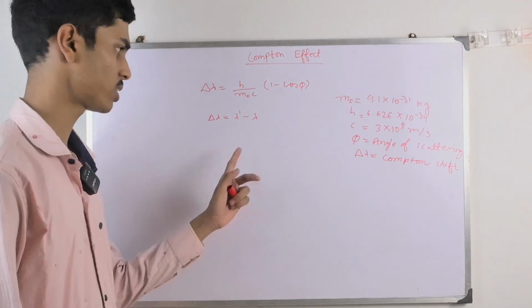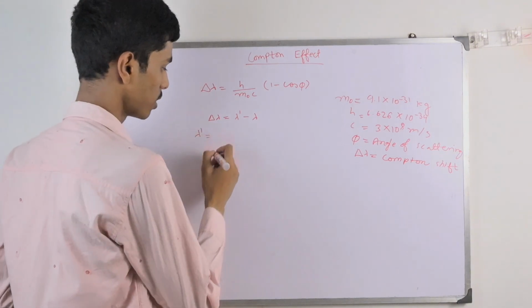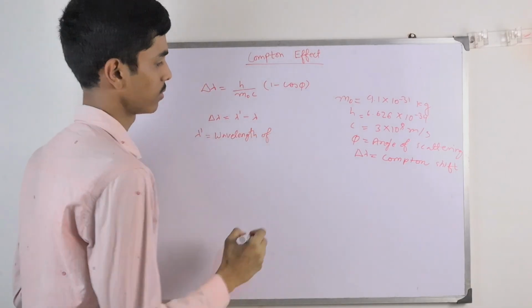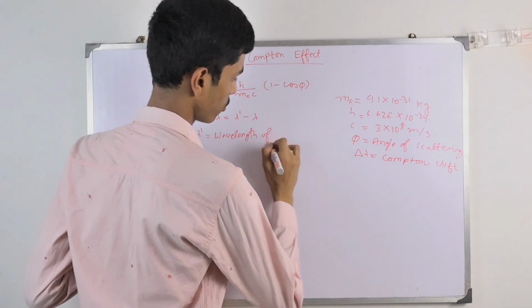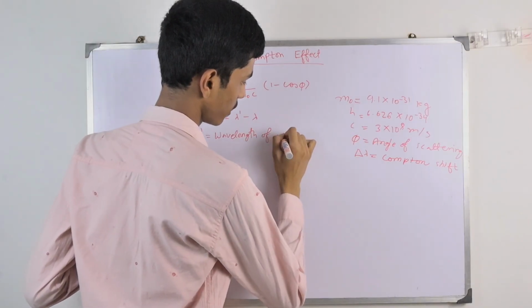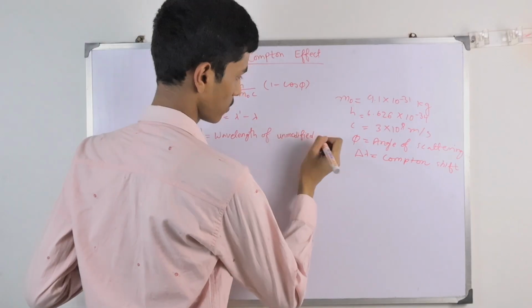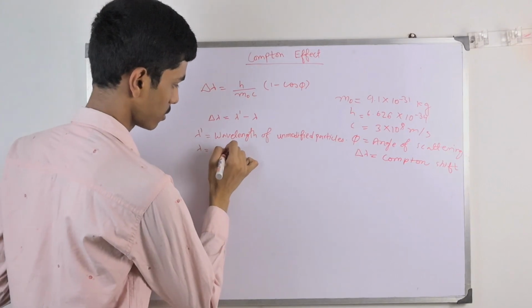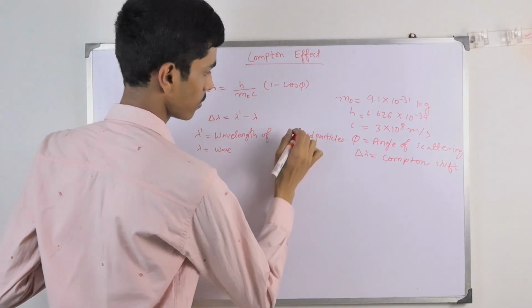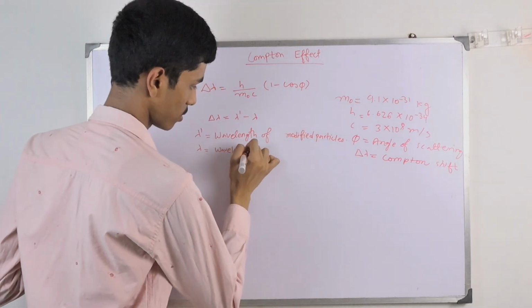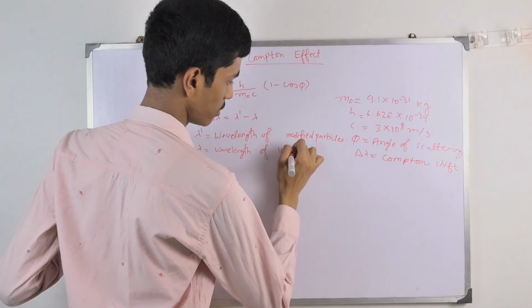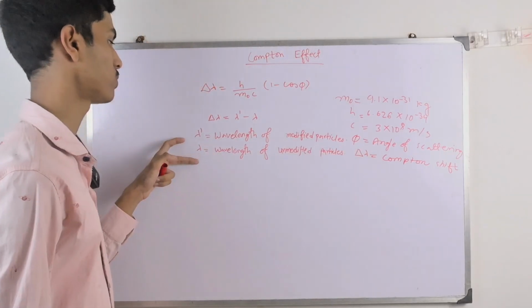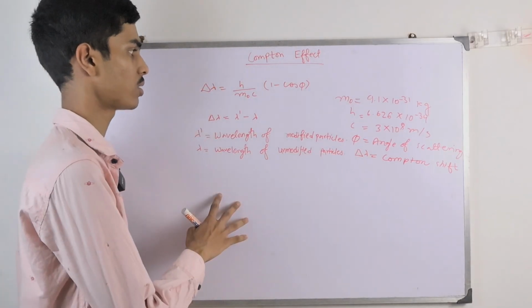Lambda is the wavelength of the unmodified particles, and lambda prime is the wavelength of the modified particles. The difference of these two is known as the Compton shift.